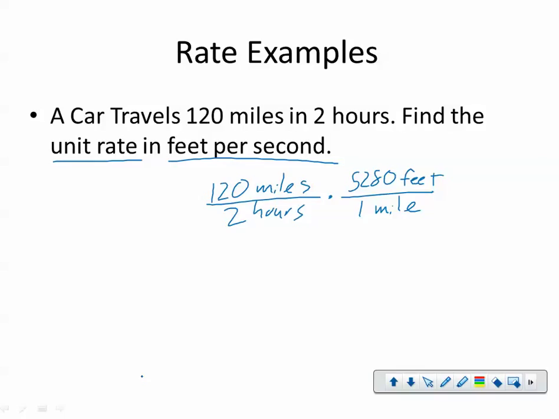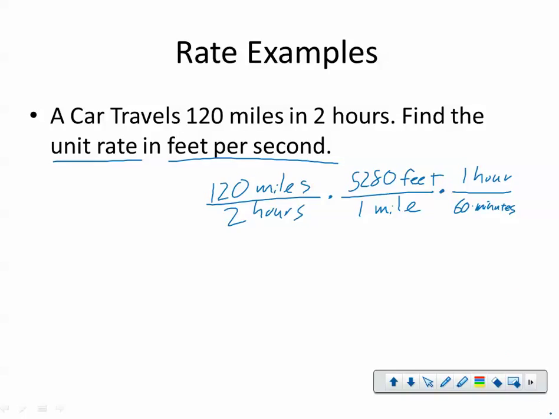But in addition to this, I also need to convert the hours to seconds, which is going to take a little bit. I've got to multiply something again. This is going to be for every 1 hour. By the way, this is multiplication. I am multiplying it. For every 1 hour, I have 60 minutes.